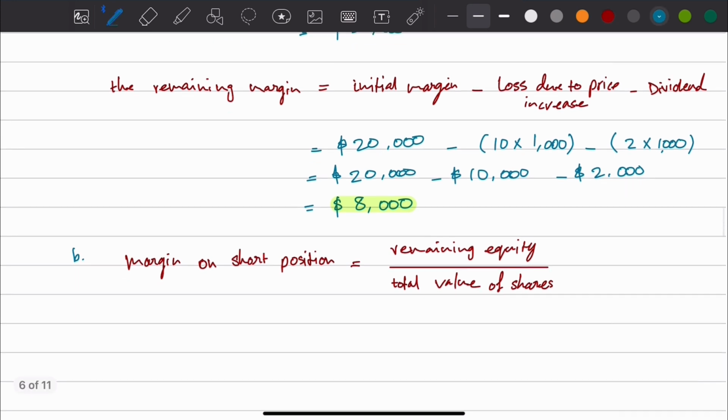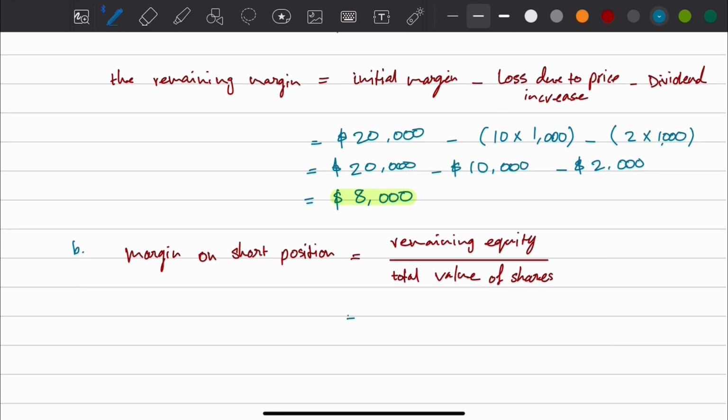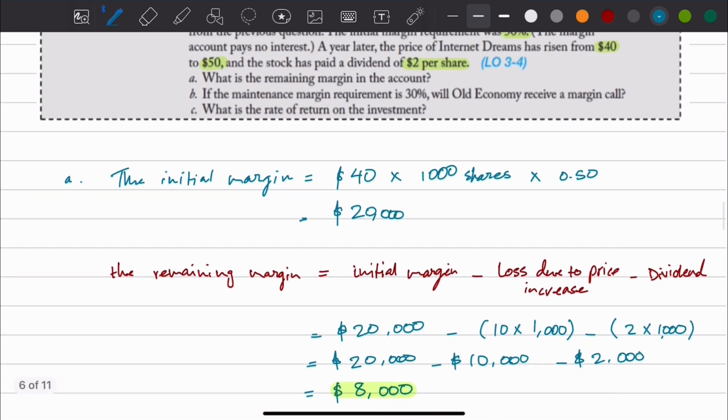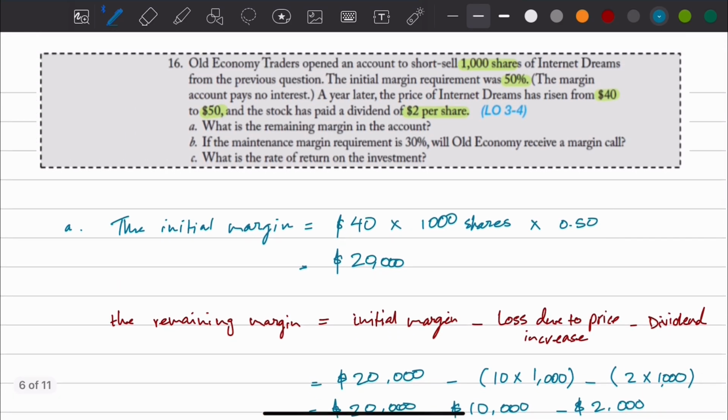Okay. The remaining equity in dollar amounts we have already calculated to be $8,000. So we'll just write that down. And the total value of shares is going to be how much? We can figure that out because the question told us that the price had increased from 40 to 50. And we know that the account contains 1,000 shares.